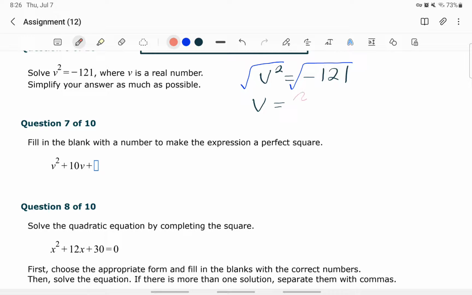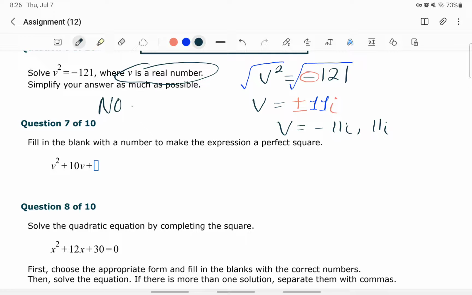Put down your plus or minus immediately. Because you have a negative under a radical, that becomes i. And the square root of 121 is 11. So that's going to be positive and negative 11i. But because it says that v is a real number, that means the answer to this question is no solution. No real solution.